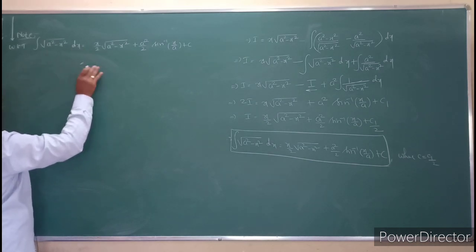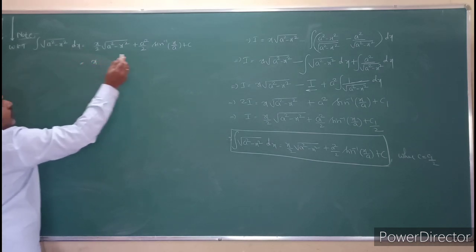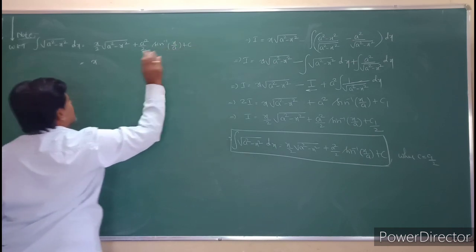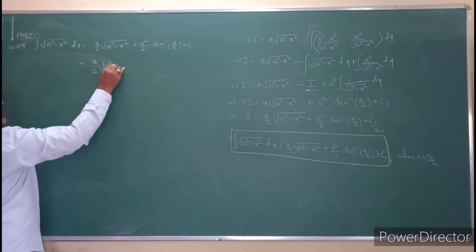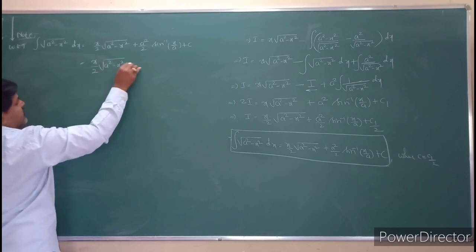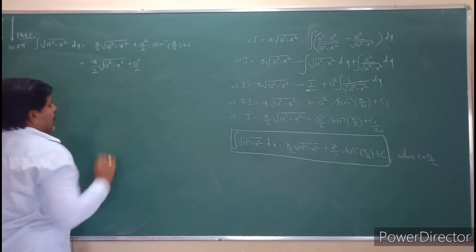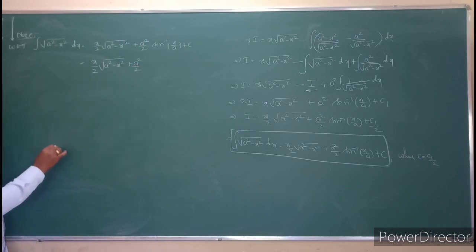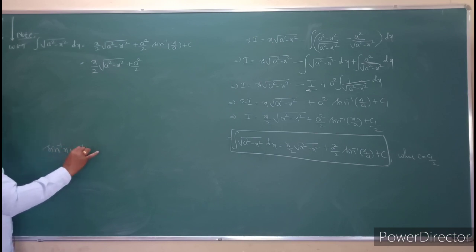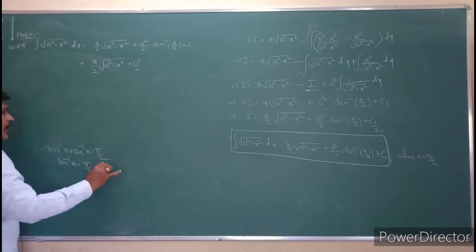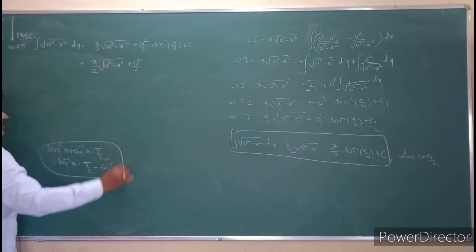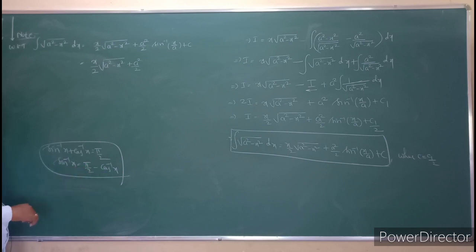So here x, I will take that as some constant here, so nothing will happen. x by 2 into root of a square minus x square plus a square by 2 into, already I know that sine inverse x plus cos inverse x is equal to pi by 2. So sine inverse x you can write as pi by 2 minus cos inverse x. Yes or no?